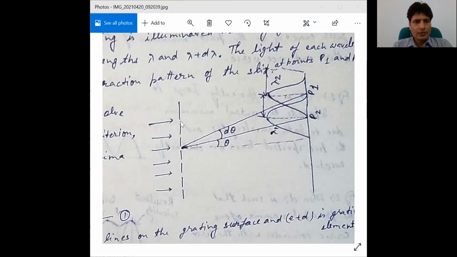If we denote this one by e, and this spacing is capital D, then the distance from here to here is known as the grating element, which we denote by e plus d. This is the way by which we can explain the phenomenon of diffraction grating.